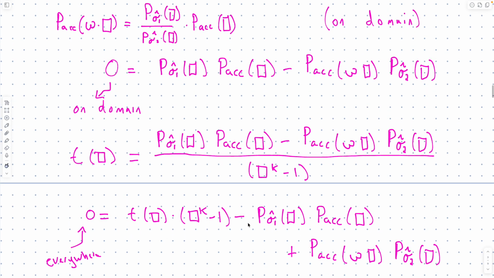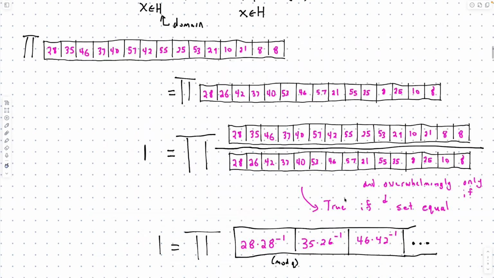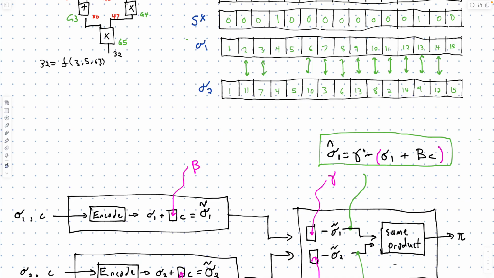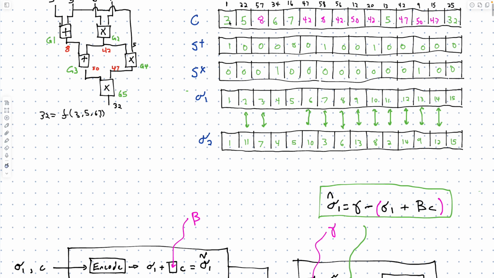Now, the last thing I'm going to do is going to make the math kind of go crazy and blow up, but it's not that hard. Remember, what's this sigma hat thing? We have a sigma hat here and a sigma hat here. What exactly are they? Remember from our diagram way up here, sigma hat is gamma minus the original sigma that we have here, plus beta times the c that we have here.